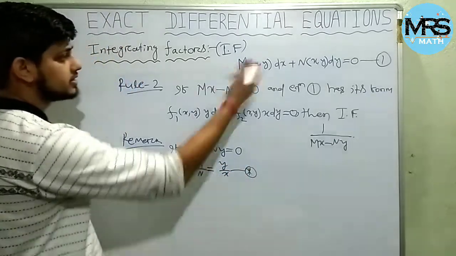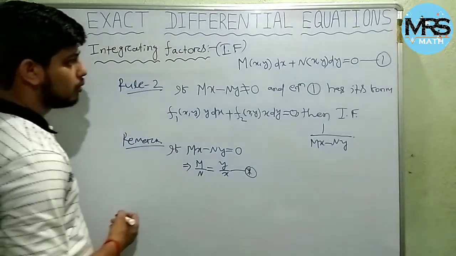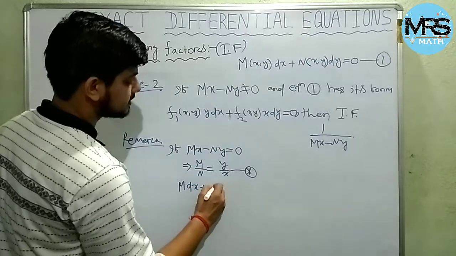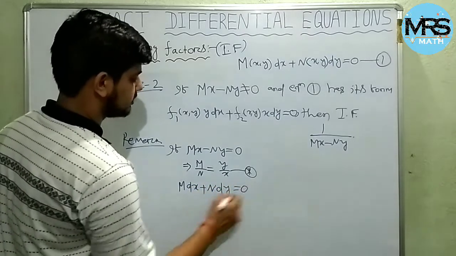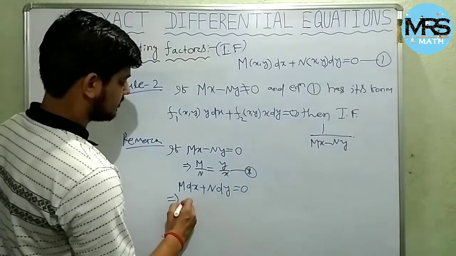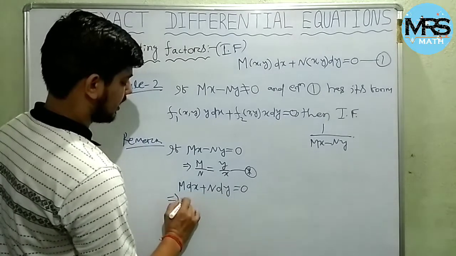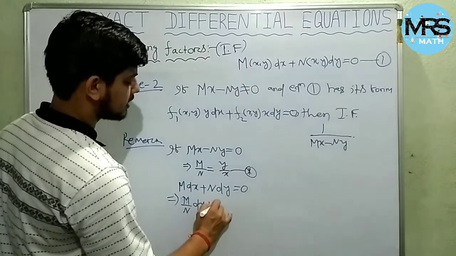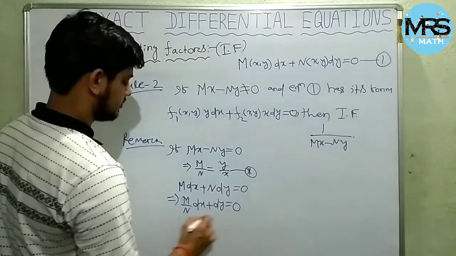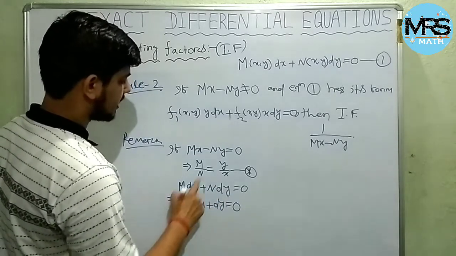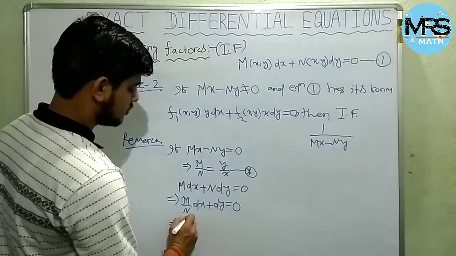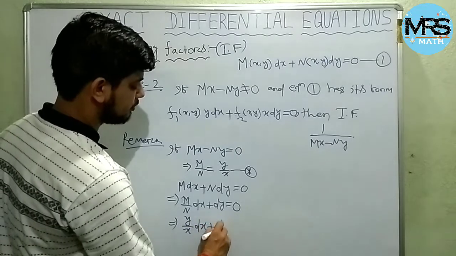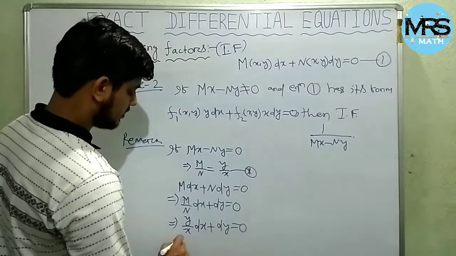Now consider equation number 1, that is M dx plus N dy equal to 0. By dividing by N, that is M by N dx plus dy equal to 0. What is the value of M by N? That is y by x. So y by x dx plus dy equal to 0.